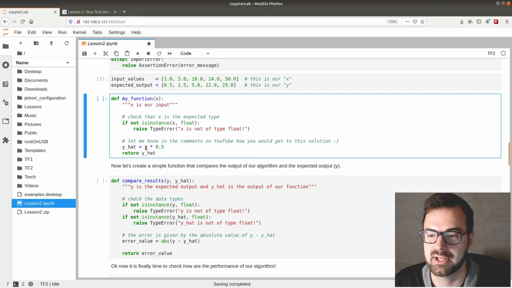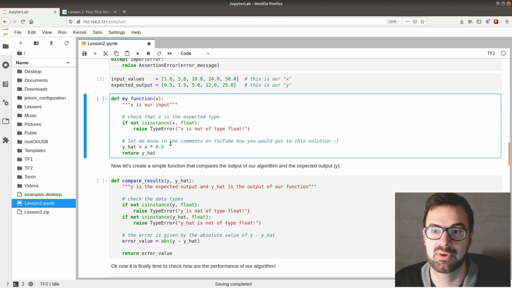We multiply the input times 0.5, and we get our y hat, and we return the y hat. Just so you know, in machine learning it's common to call the inputs x, the labels y, and the predicted output y hat. It's not a must, it's just a naming convention, so that you start getting used to those words.